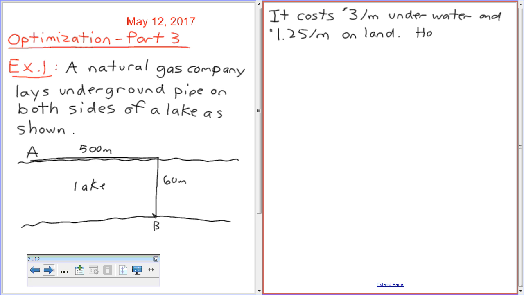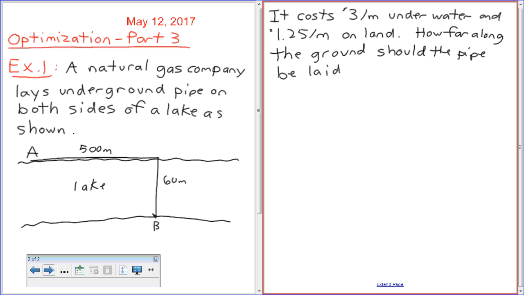How far along the ground should the pipe be laid to minimize cost?